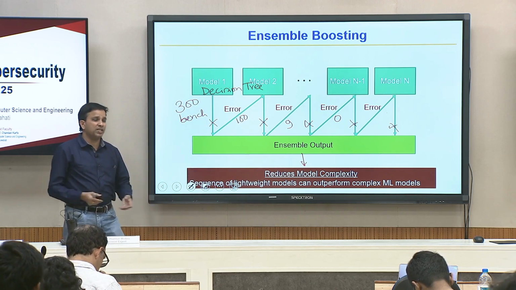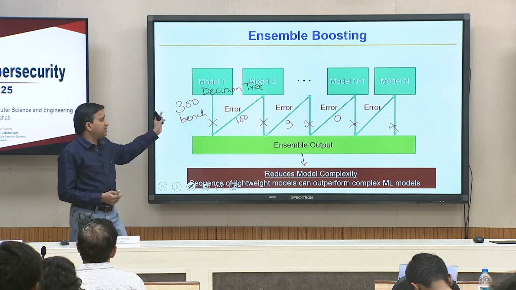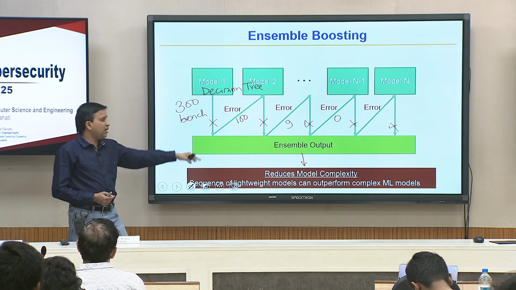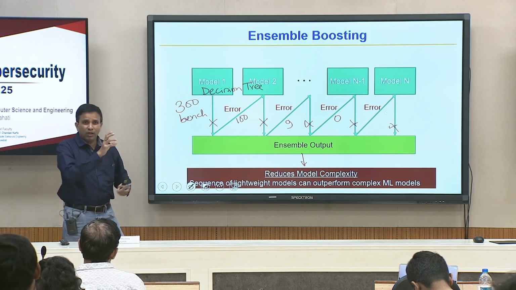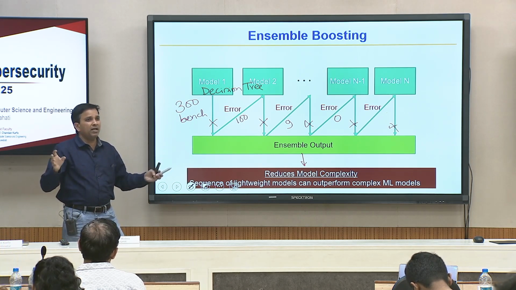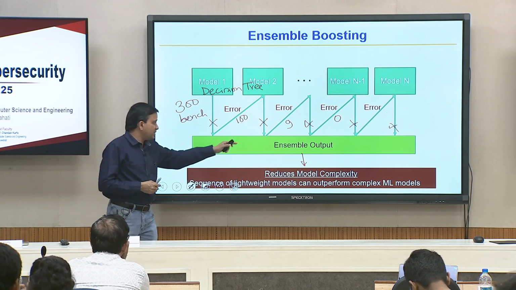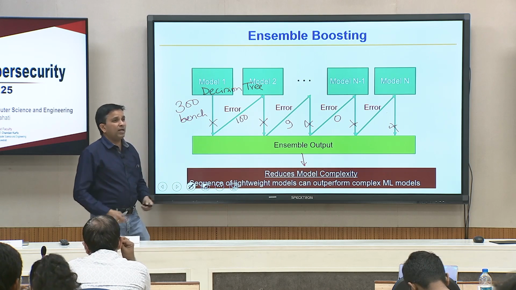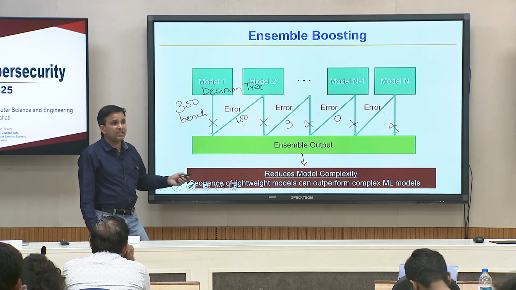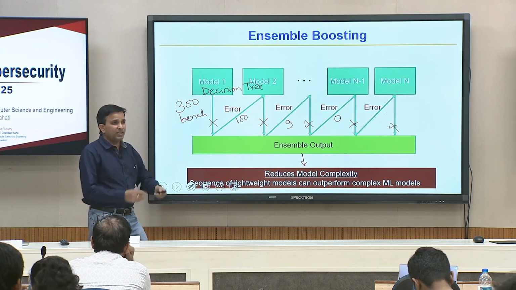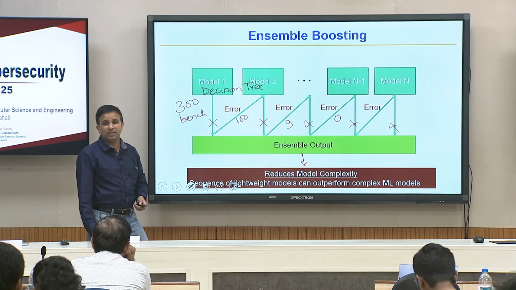That is why it is called boosting. This is an ensemble of models, and because a lot of simple models run in parallel, that gives you the speed up. That is why it is called ensemble boosting. Boosting is the speed, ensemble is one helping the other. Any question on this idea before I put these two ideas together to solve the Trojan detection?